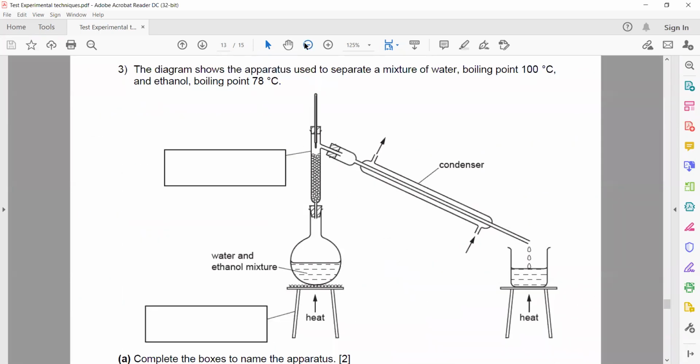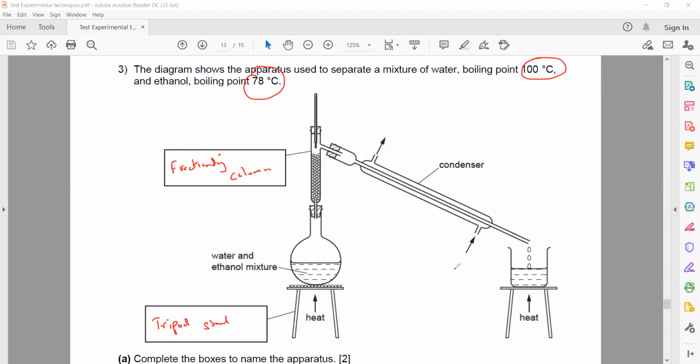Then the diagram shows the apparatus in which we are separating water and alcohol from each other. The boiling point of alcohol is 78, water is 100. We have to first label. So this is called the fractionating column. We did this labeling. This is a tripod stand.